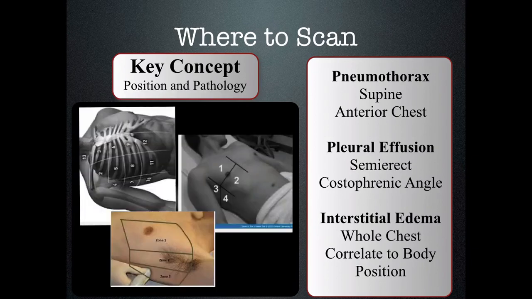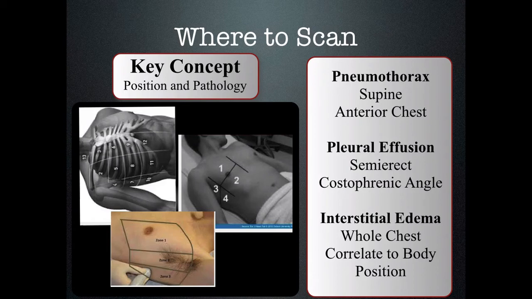One of the misconceptions about ultrasound is how to scan and where to scan. These three images you see here are from journal articles, and they divide the chest into many sections. I don't necessarily do this, and you will see how I do it in the second part of the lecture. What you need to know is that where you find an artifact or a pathologic finding will depend not only on where the patient is currently, but where they have been.